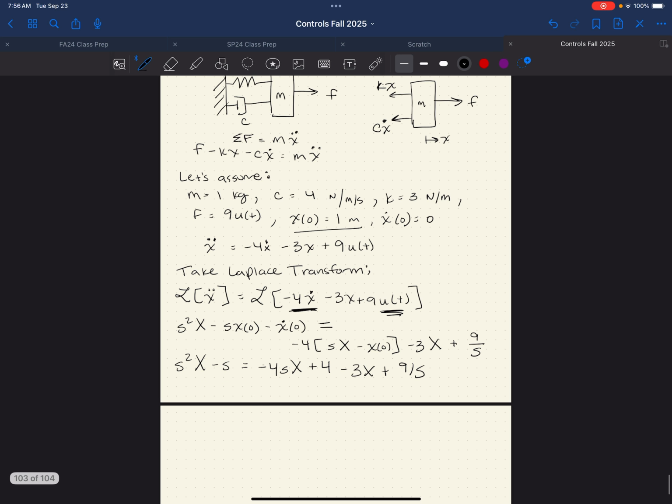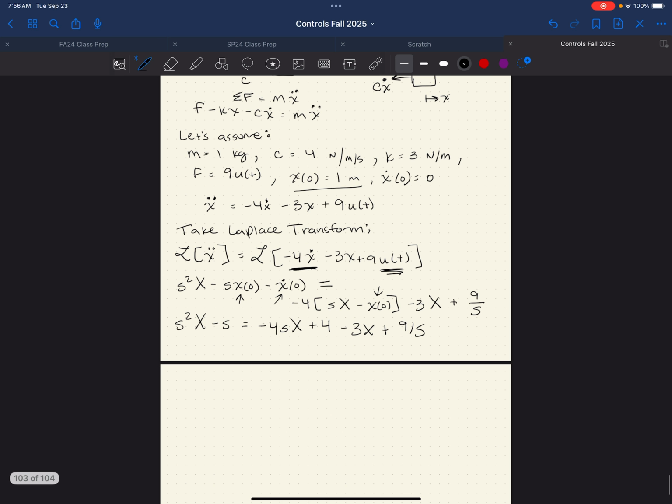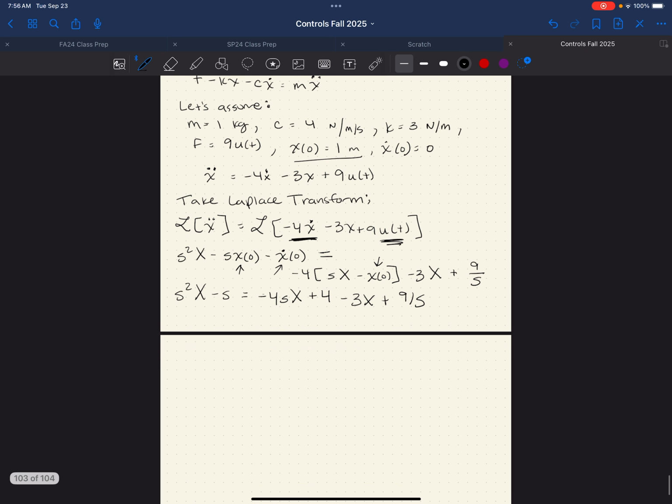Okay, so all I did was just plug in my initial conditions here, here, and here, and then just rearranged it a little bit. And now let's rearrange some more. All right, so s squared big X, I'm going to bring this to the left-hand side, plus 4sX.